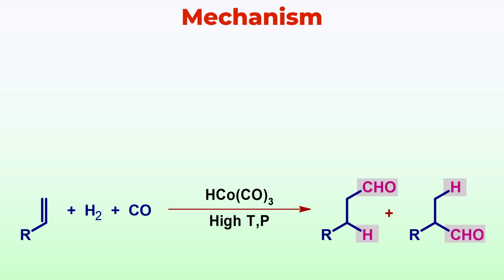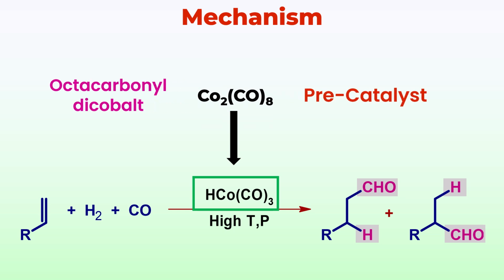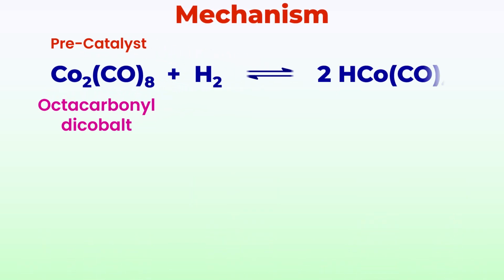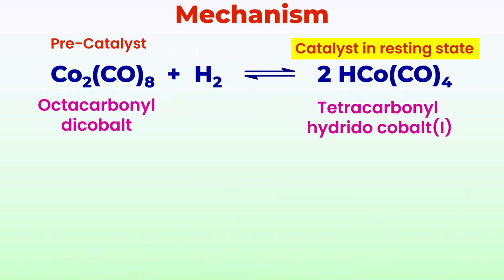The active catalyst tricarbonyl hydridocobalt(I) is generated by the precatalyst octacarbonyl dicobalt under the reaction conditions. Initially, tetracarbonyl hydridocobalt(I) is formed when octacarbonyl dicobalt reacts with hydrogen.